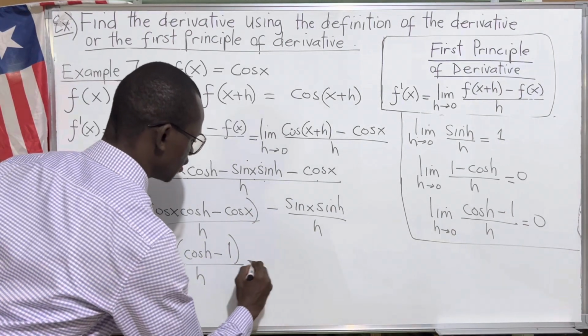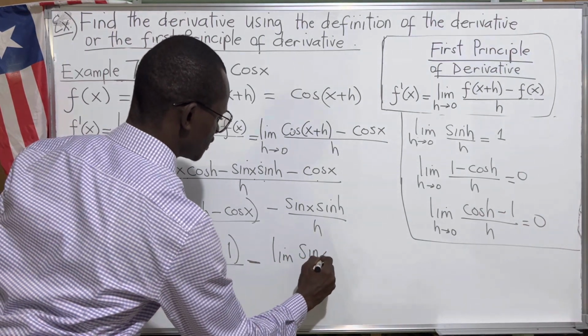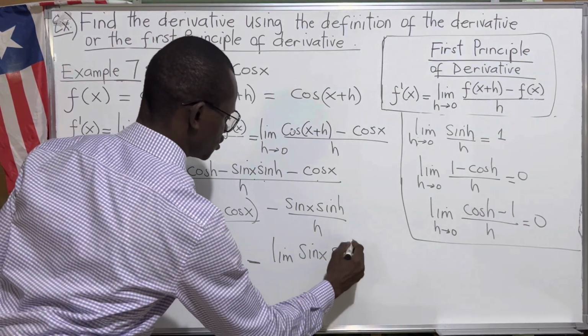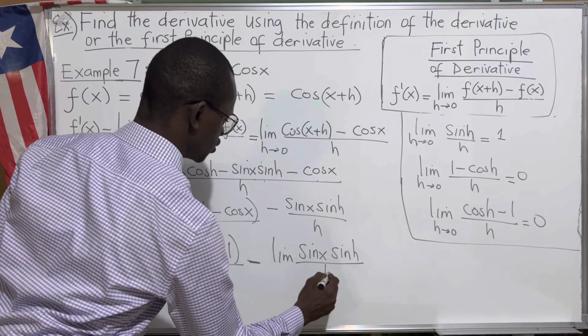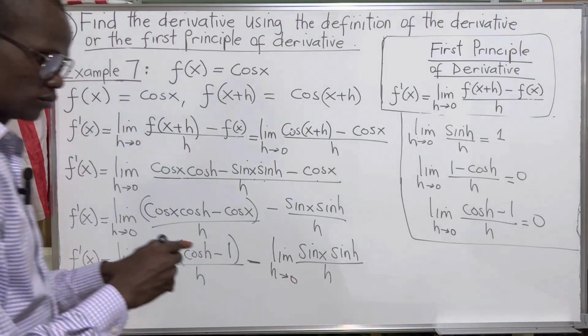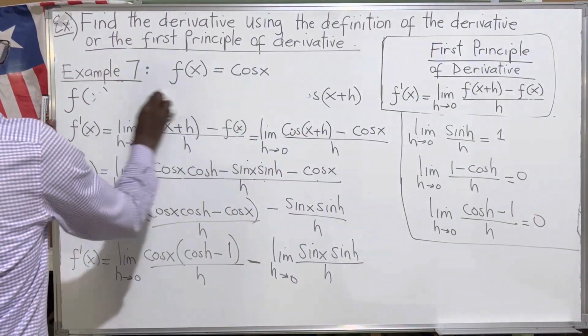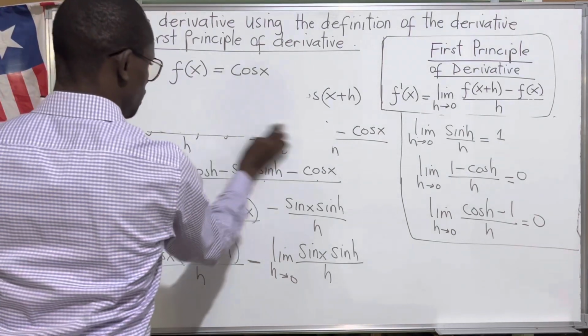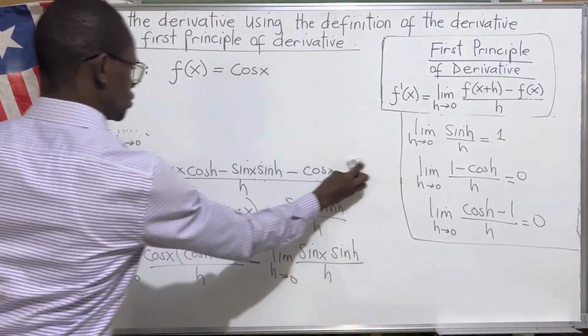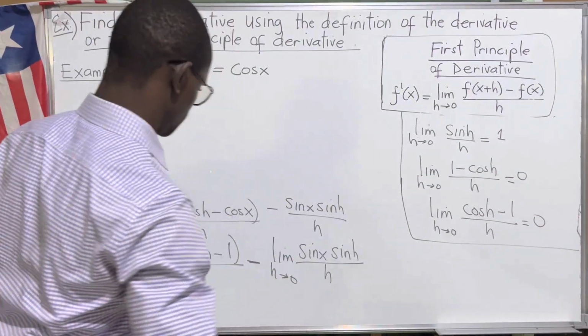Then we take the limit of the second, the limit of sine of x sine of h all over h as h is approaching 0. This time, what we want to do is ensure that we utilize these properties.